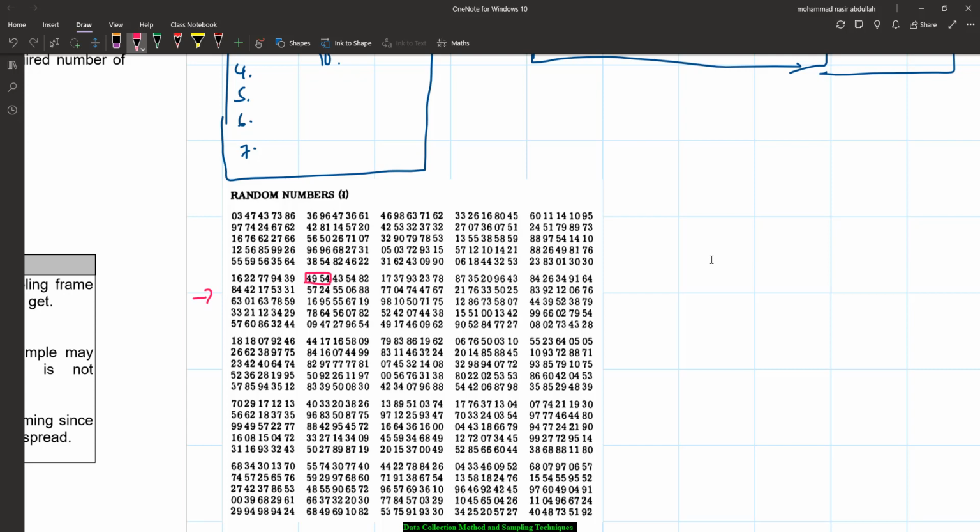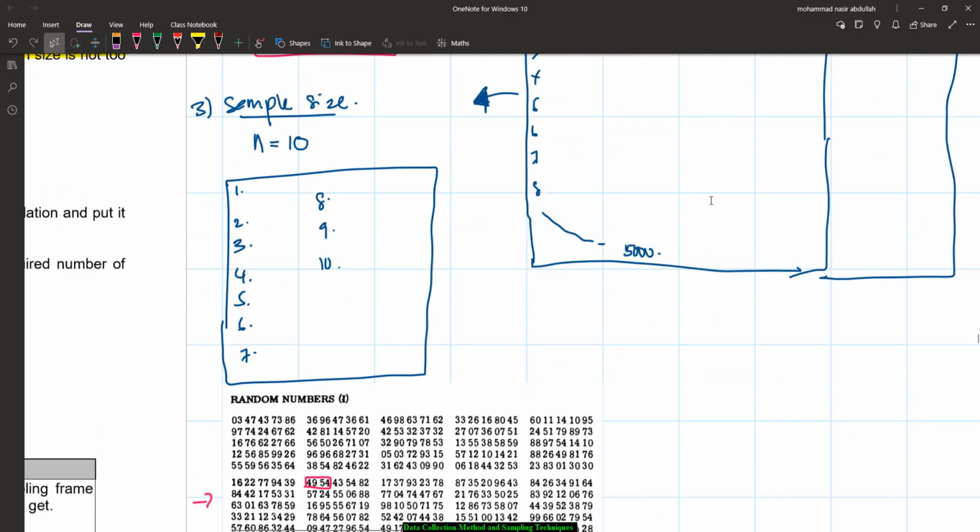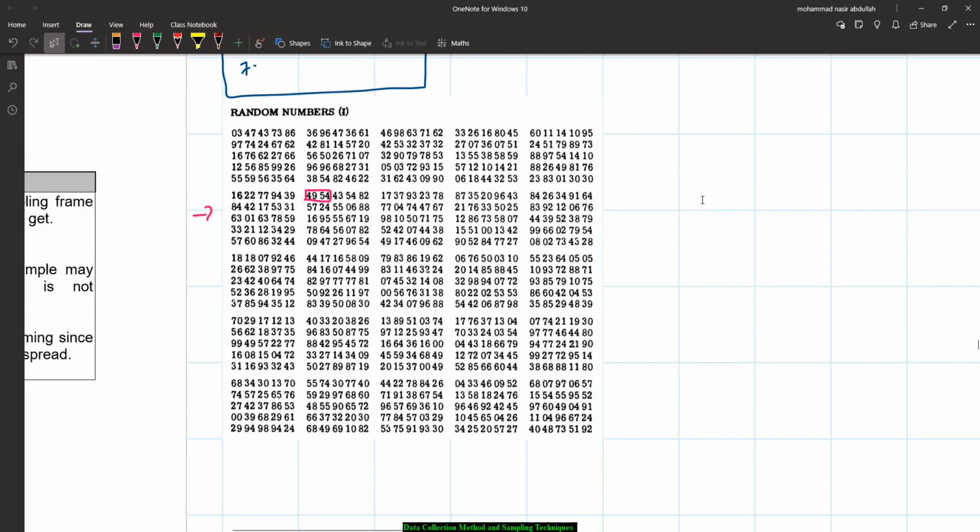Block number 2 means column number 2. You take the first one, 4954. Why do we take 4954? Because we have up to 5000. If you take only 2 digits, you will be limited to 99 only. So we have 4 digits, and we select up to 4 digits.